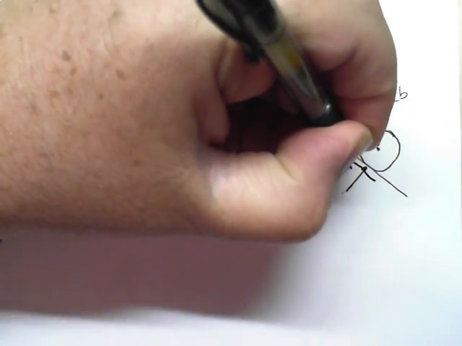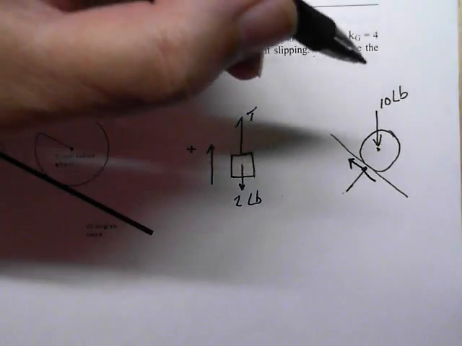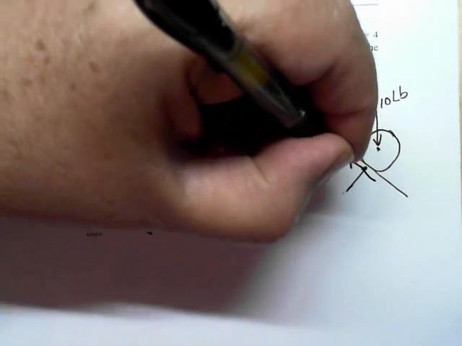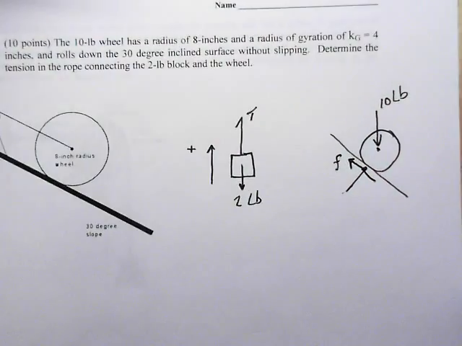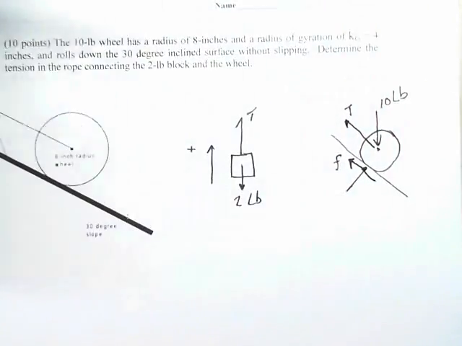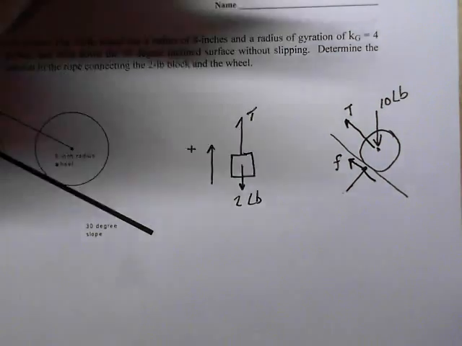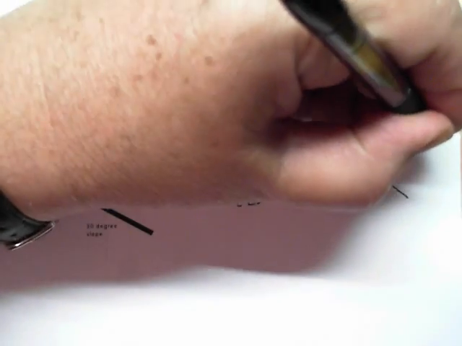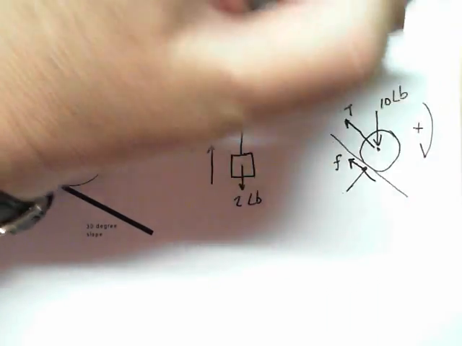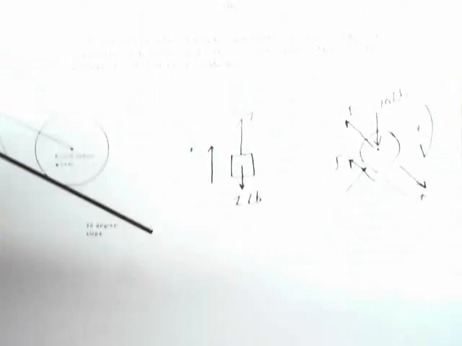We will have friction acting up the hill, causing this thing to rotate in the right direction. So friction acting up the hill, and we will have rope tension acting up the hill, and these two are the same tension variables. And I'm going to declare that positive and that positive.